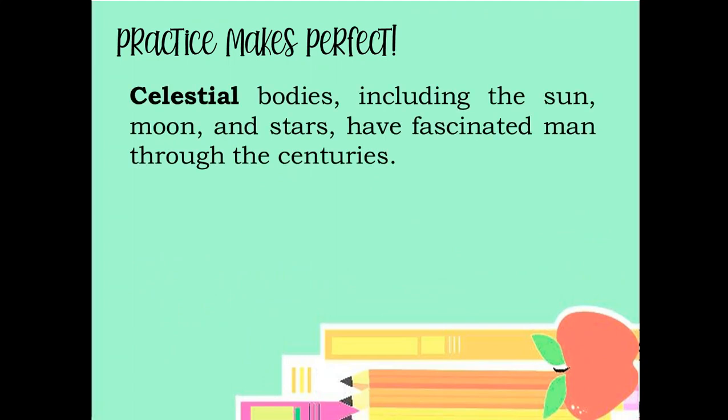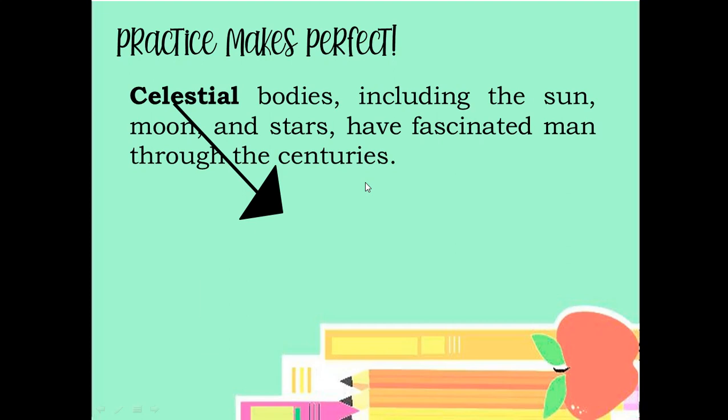Okay. Next example would be: celestial bodies, including the sun, moon, and stars, have fascinated man through the centuries. We have here the bold term celestial. Now, let us try to use clues. We can have sun, moon, and stars. If we'll be using this as context clues, what particular term can be associated with the word celestial?